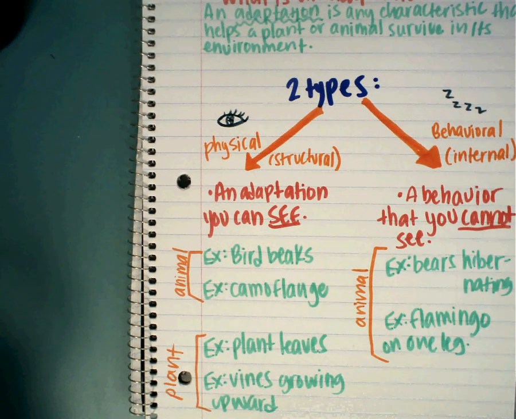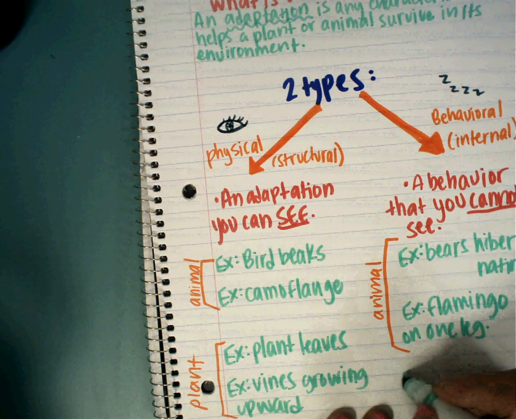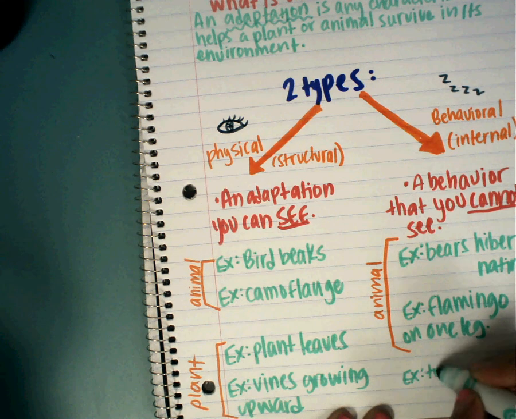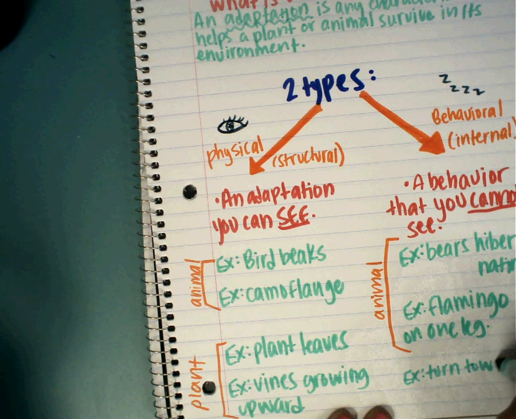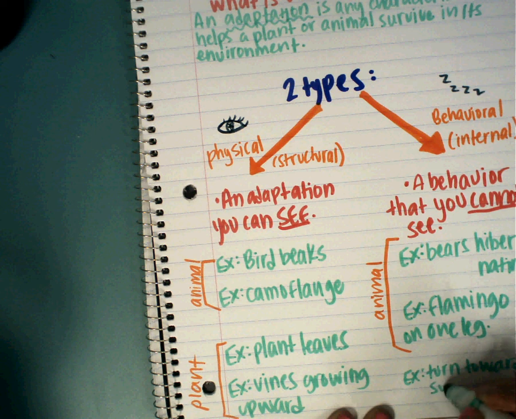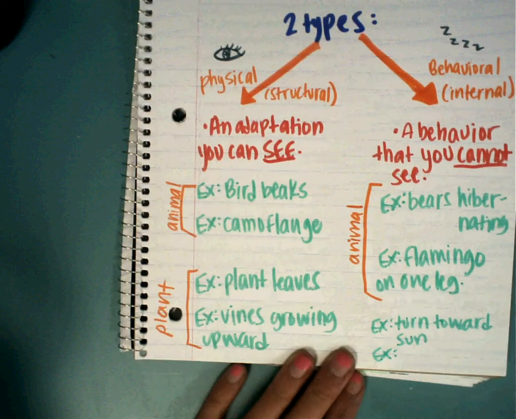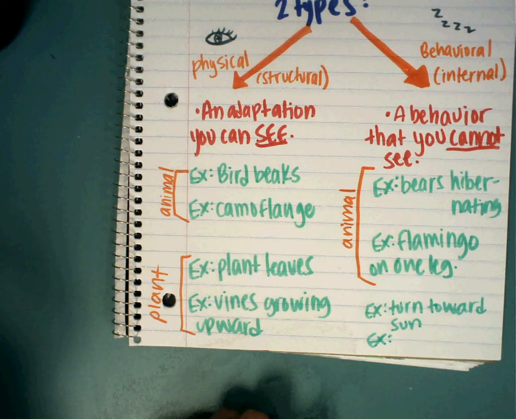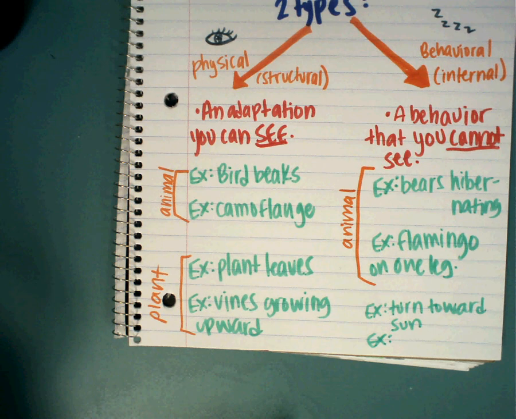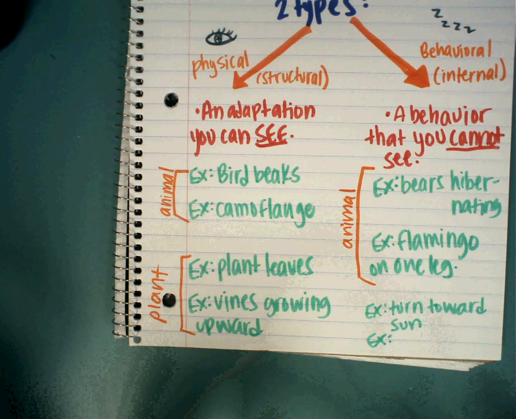Plants also have behavioral adaptations. For example, plants turn toward the sun, right? And then what about Venus flytraps? Remember how we learned about Venus flytraps, and in the video today, that they don't have enough nutrients in the soil, so they had to start adapting if they wanted to survive?